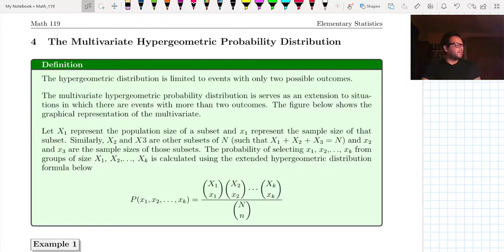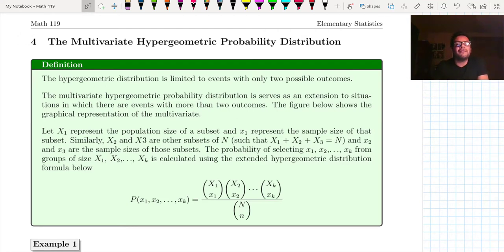Alright everyone, in this section we go over the last section of discrete probability distributions with the multivariate hypergeometric probability distribution. This is an extension of the previous distribution, the simple hypergeometric.